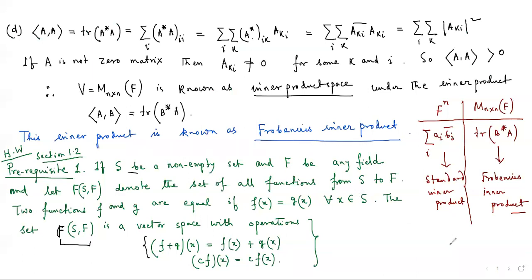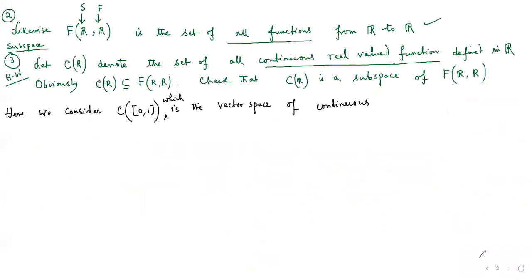Next, what you need to check is this set: FRR is the set of all real valued functions, but CR is the set of all real valued continuous functions.